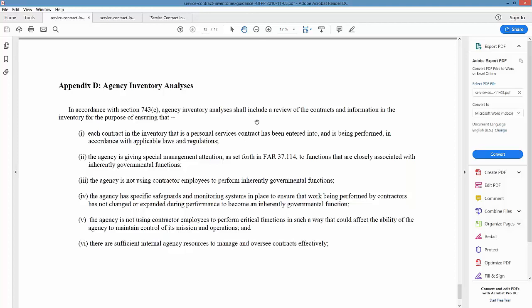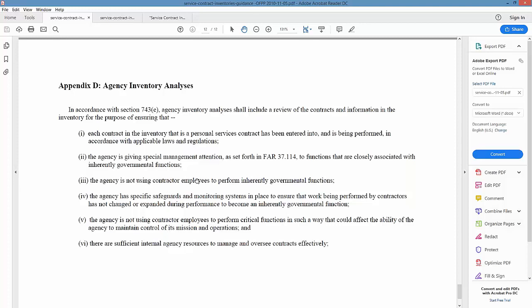That would be one sentence in there, a personal services contract. Special management attention is given, as set forth in this FAR, to functions that are closely associated with inherently governmental functions. You hit us 2 weeks ago. You would understand the importance of that already.